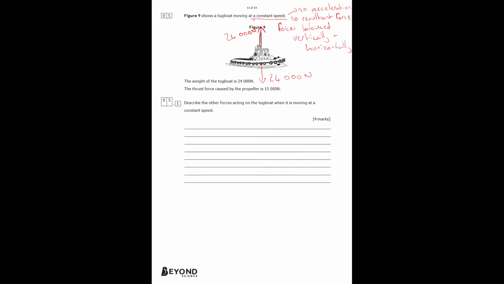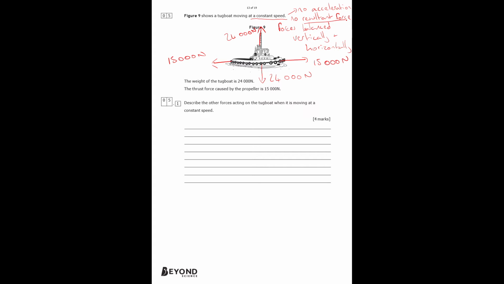Similarly, the tugboat is moving at a constant speed, presumably from left to right. We're told the thrust force from the propeller is 15,000 newtons, and the forces backwards, therefore, if this boat is travelling at a constant speed and not accelerating, there is no resultant force. Therefore, they must also be 15,000 newtons.